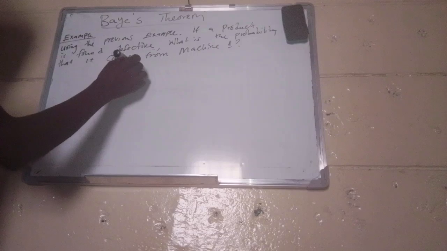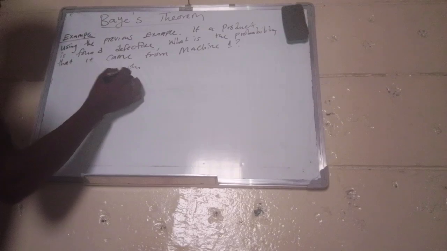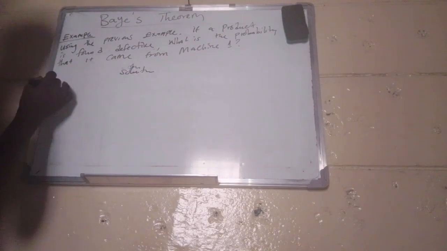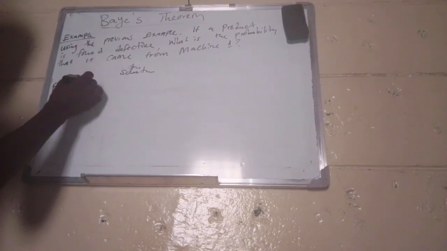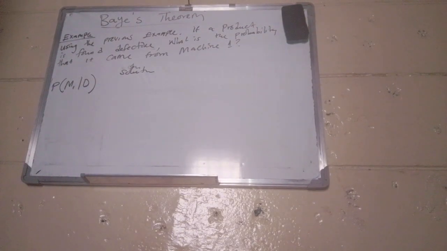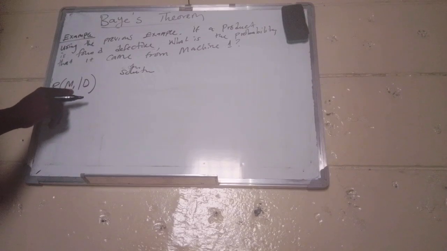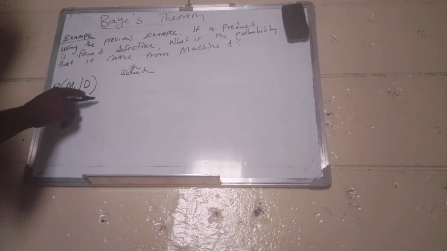So we're talking about the probability of machine 1 given that the item is defective.